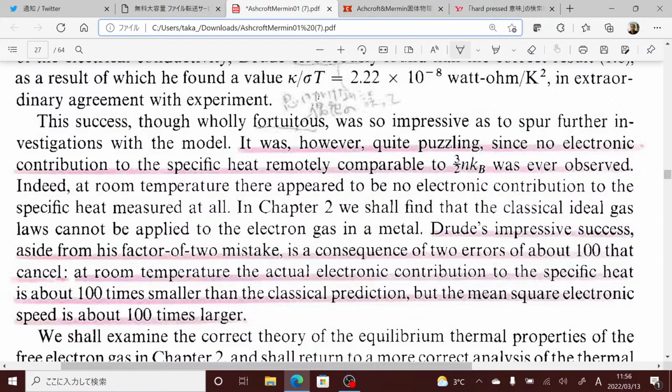This success, though wholly fortuitous, was so impressive as to spur further investigations with the model.